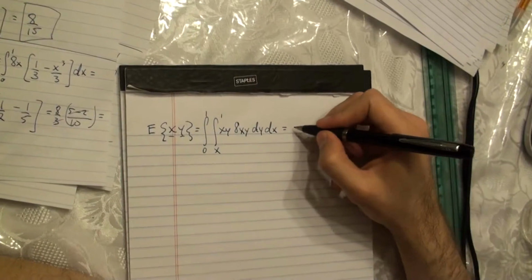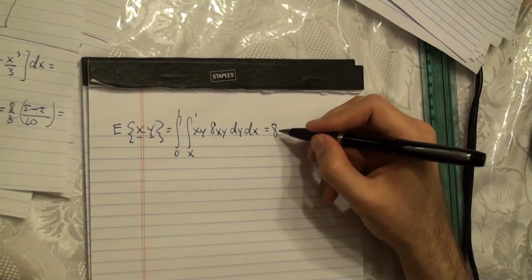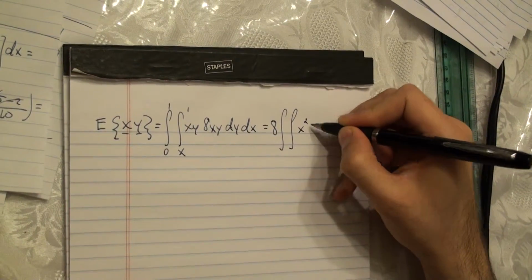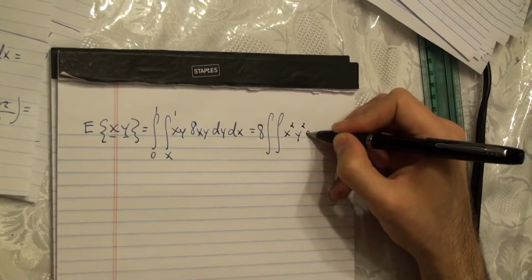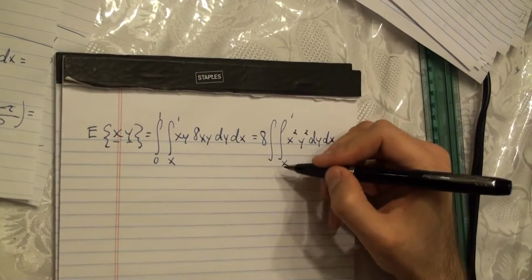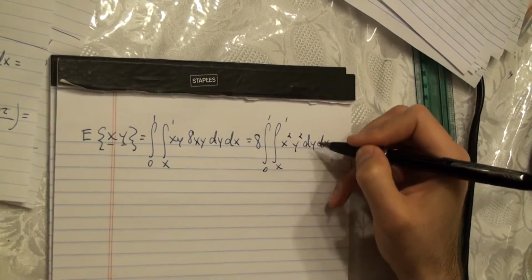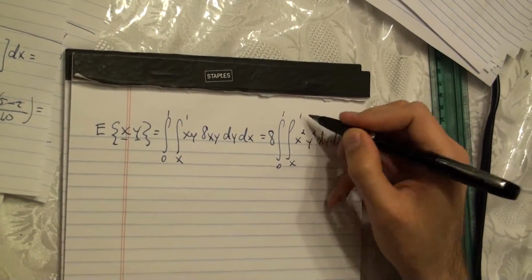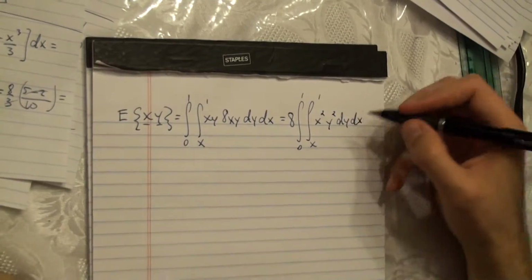So we can pull the 8 out as a common factor, as a constant. So this is going to become x squared y squared dy dx. Y goes from x to 1, and x goes from 0 to 1.